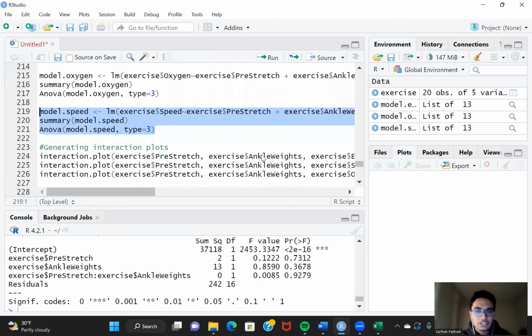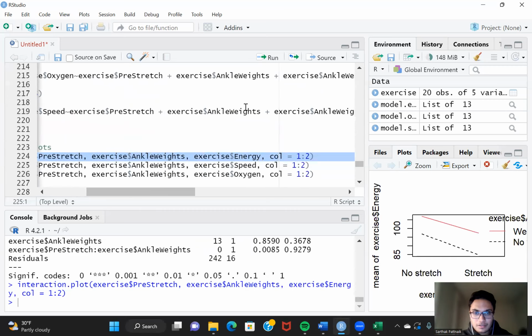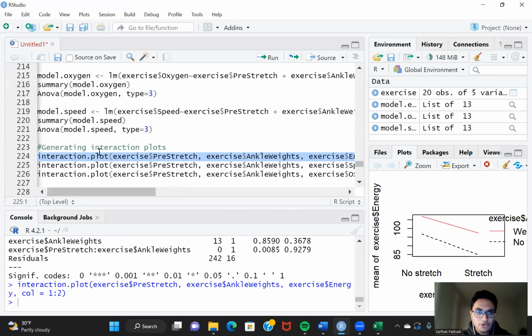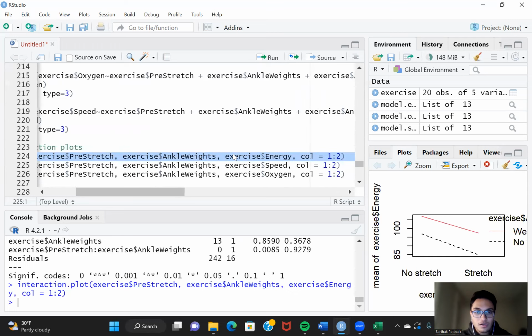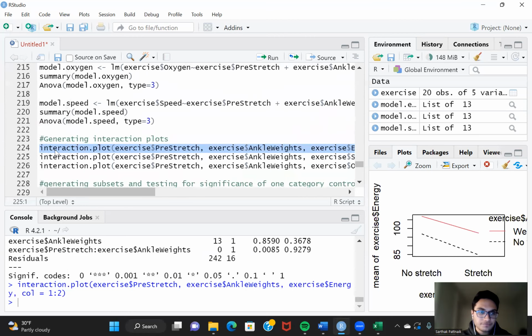Now we will come to interaction plots. This is how you create an interaction plot using interaction dot plot, and you give your two categorical variables and then your numerical variable.